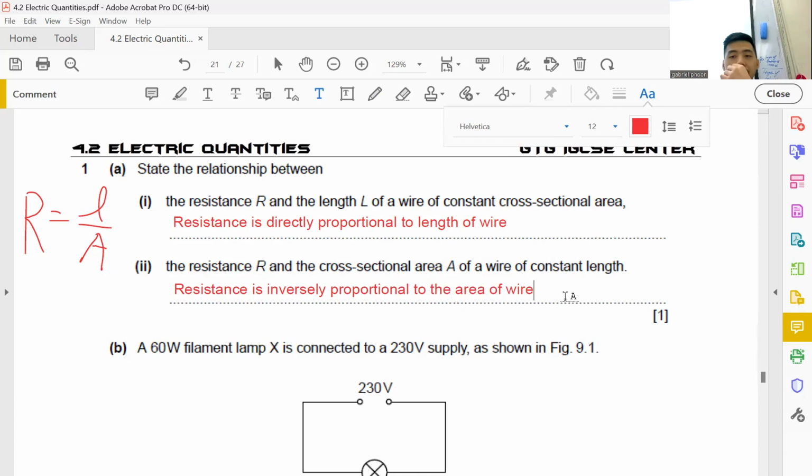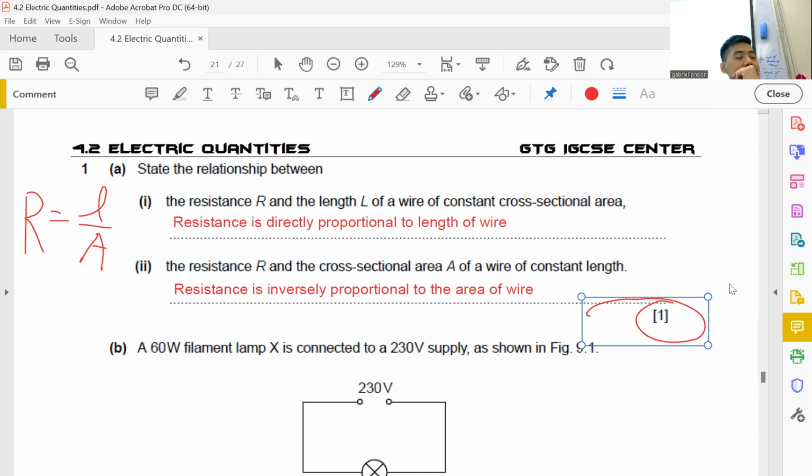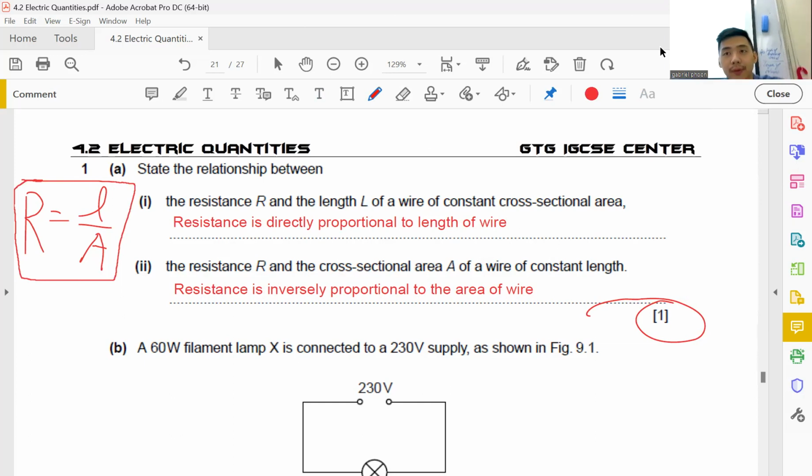Okay, easy. Then you get only 1 mark because it's essentially the same thing. Yes, everyone must know this. This formula is very, very important, as I've mentioned last week. If you don't get this formula right, you'll get everything wrong.